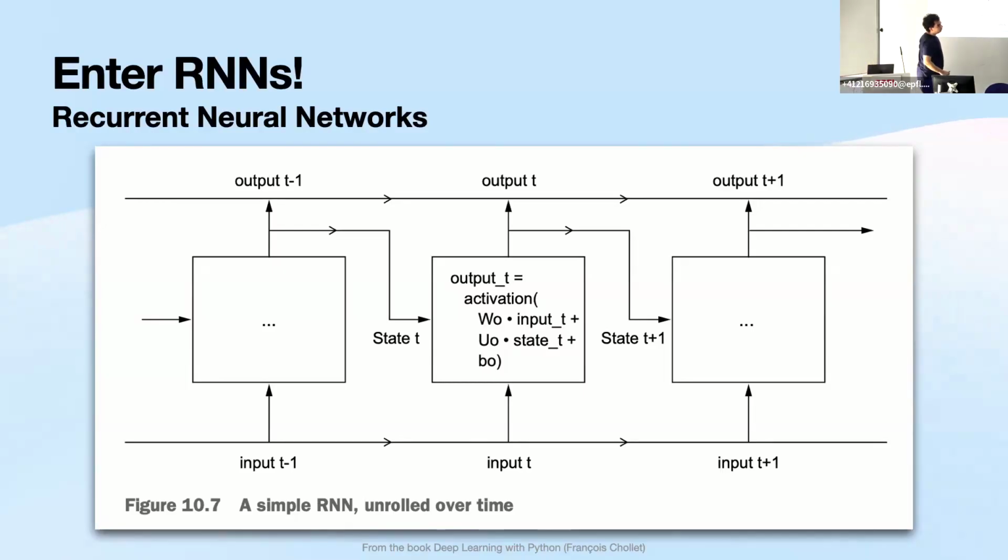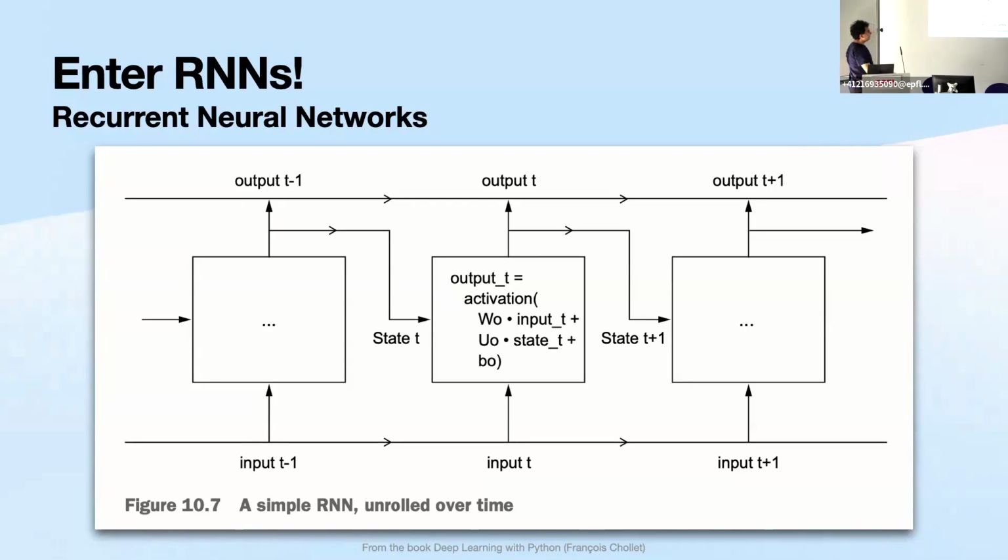How do we calculate the output? Because in a normal neural network, we only have one input, right? So we still have this part, WO times input t plus bO, which is what we had in a normal neural network, if you remember. It was a linear transformation of the input plus the bias, right?